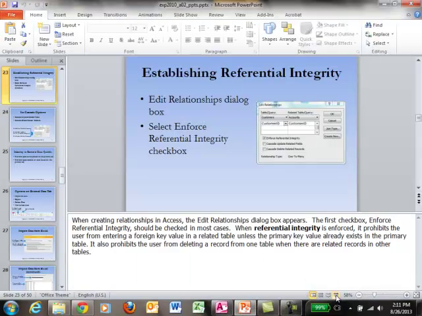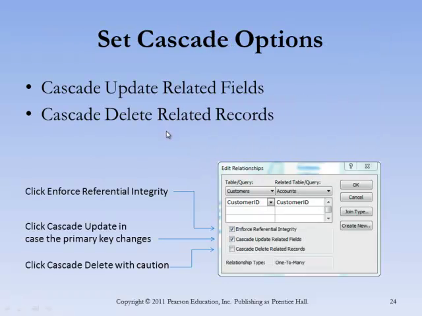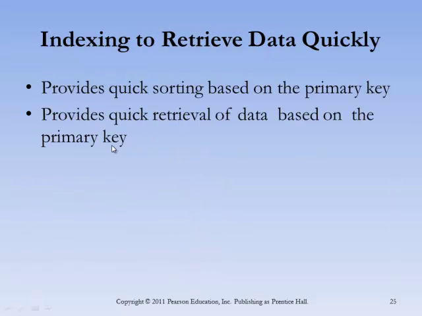Okay, back to the slides here. It's pretty simple to do in Access. Here's the cascading updates and deletes that I just showed you. Indexing. There is a property on fields you can say to index a field or not.